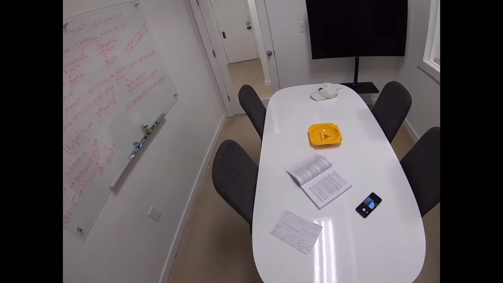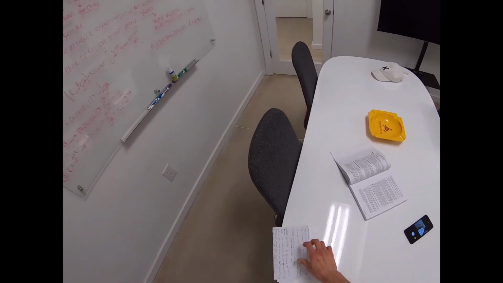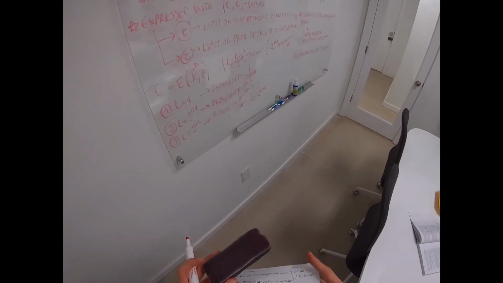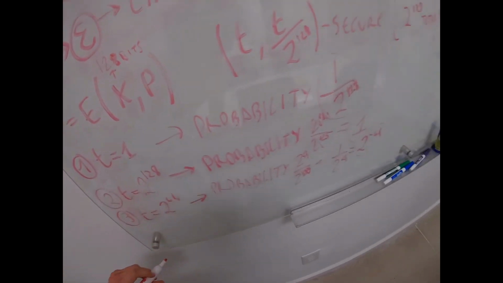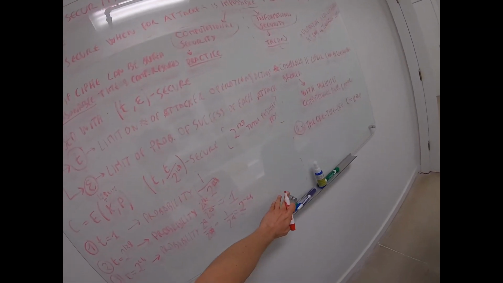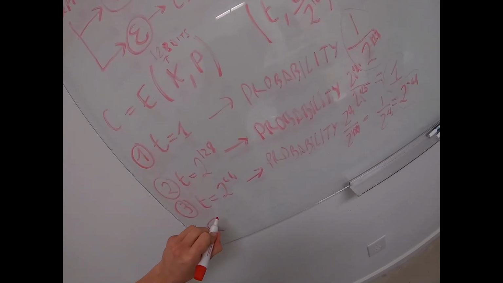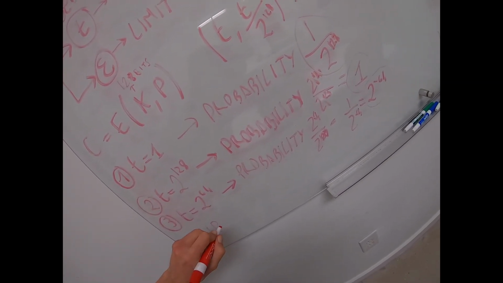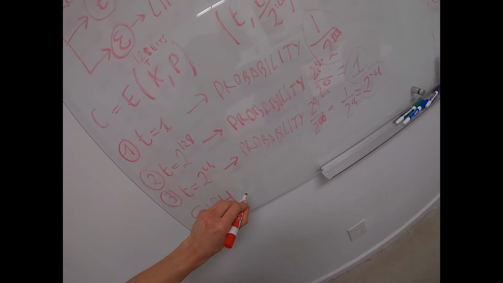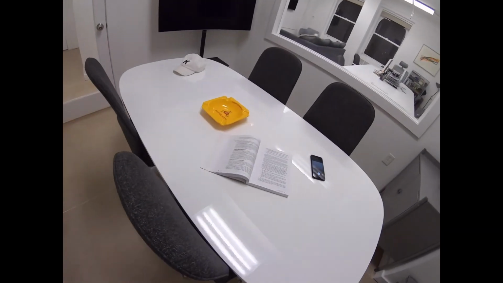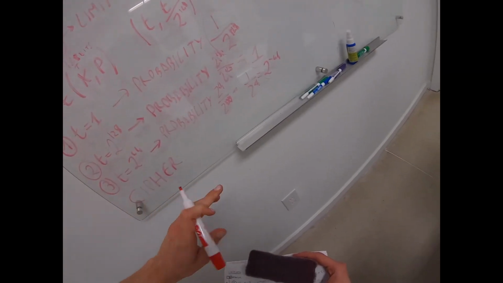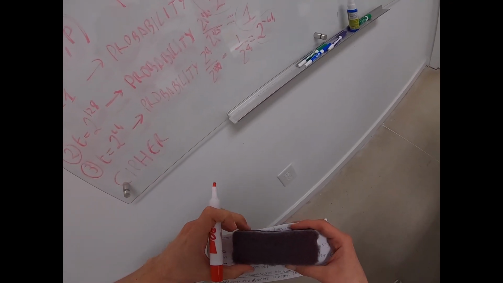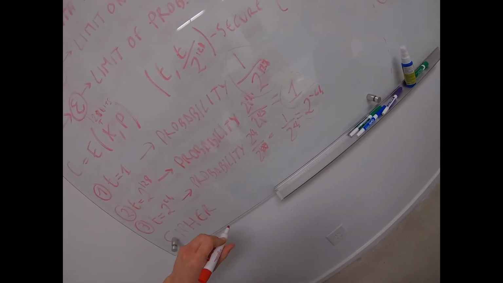We can generalize this and say that a cipher, I'll write it big here. The cipher with an n-bit key.